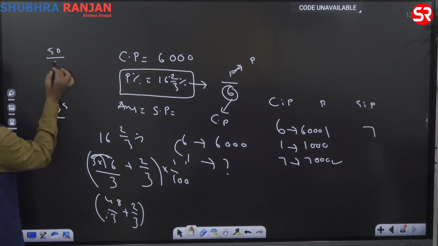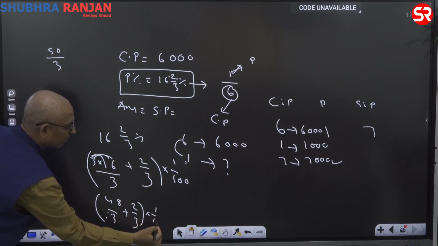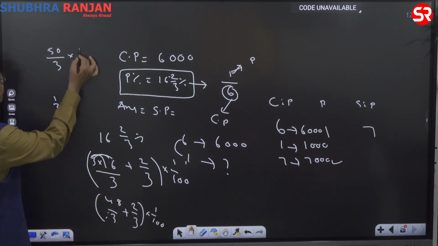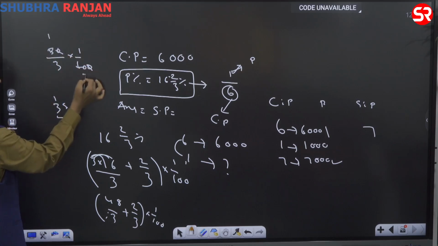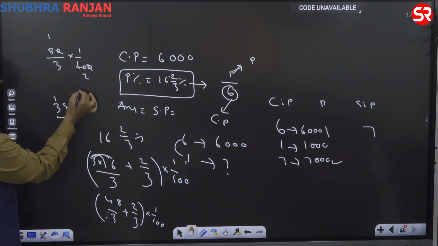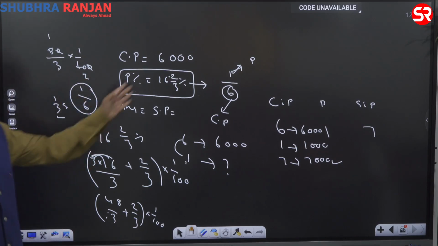And percentage I can write as 1/100, so into 1/100. Now the 0s get cancelled, 5 ones and 5 twos. So now it will become 1/3 into 2, which is how much? 6. This is the concept.